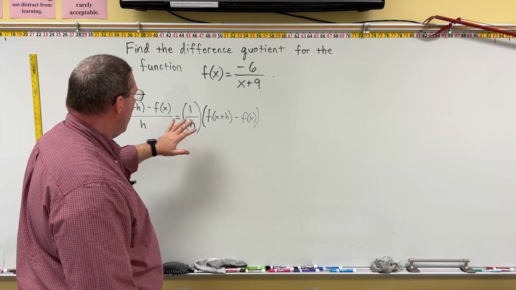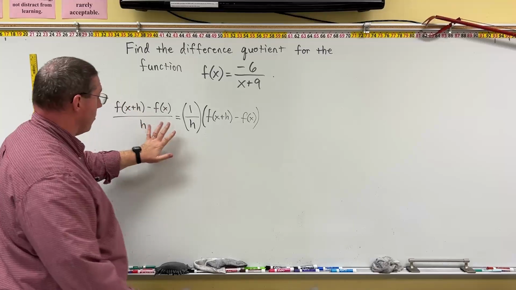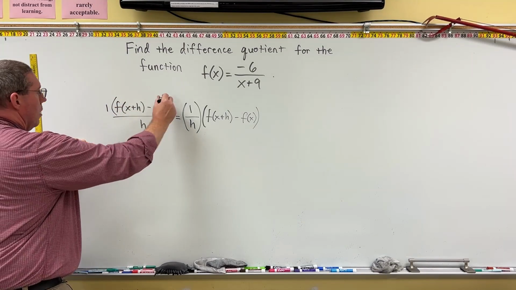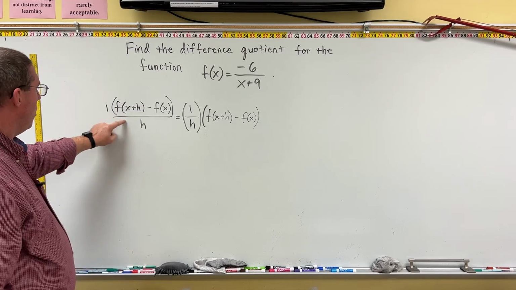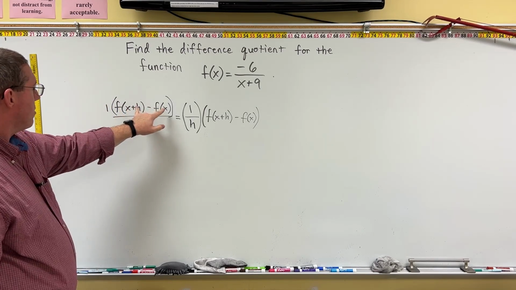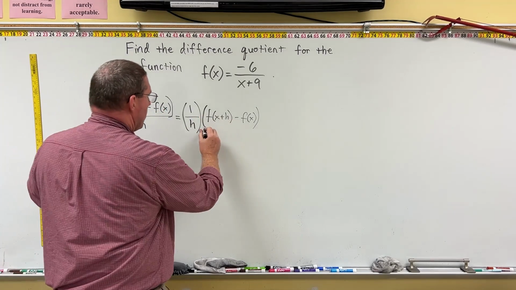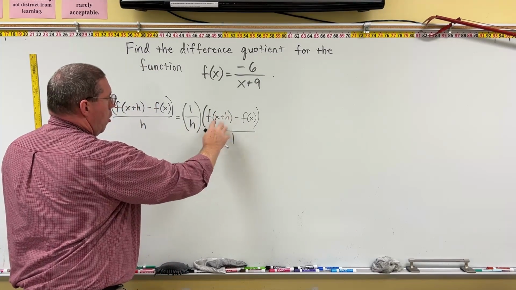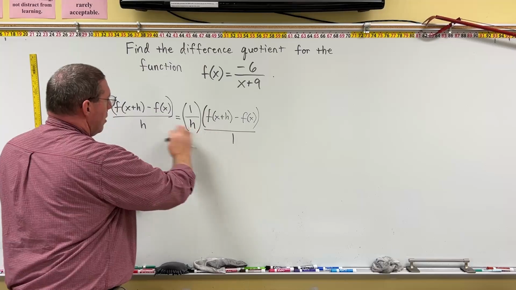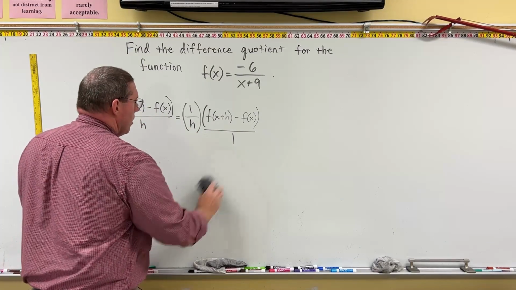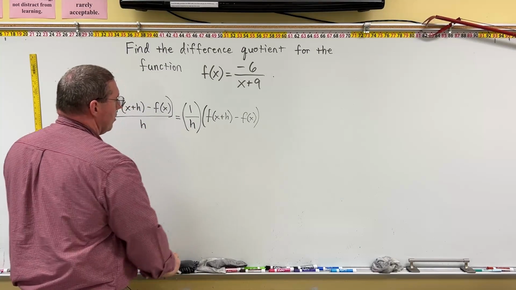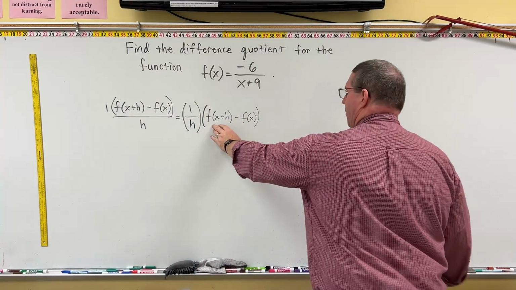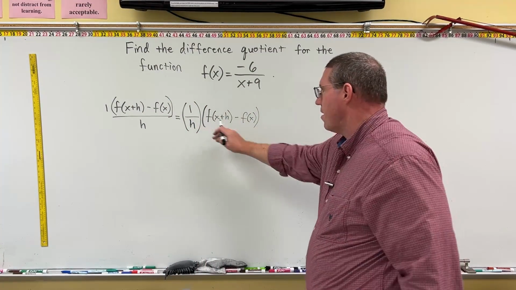And so this is the same thing as this. If we were to put a 1 here and put that in parentheses, 1 over h, and pretend that this is this over 1, this times this over this times this is what we started with, okay? I'm just trying to make things a little easier here. And so now I have 1 over h times f of x plus h minus f of x. This is the exact same thing.